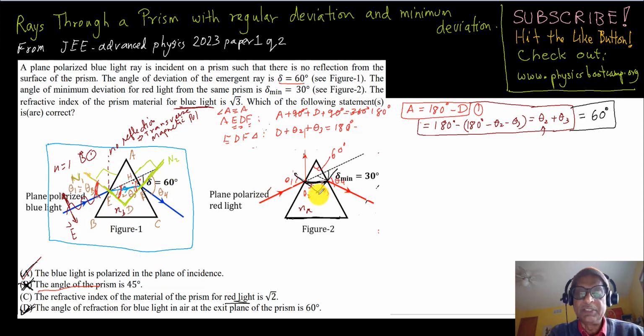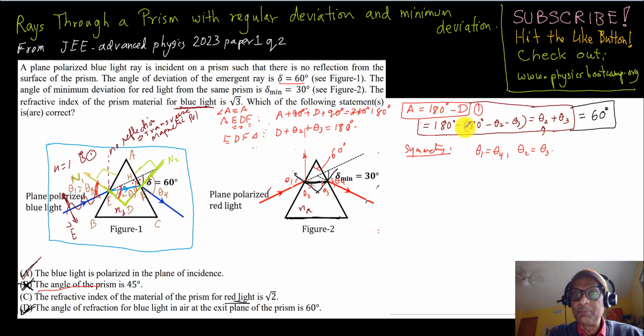So when you apply symmetry, you're going to really say theta 1 has to equal theta 4, and theta 2 equals theta 3.